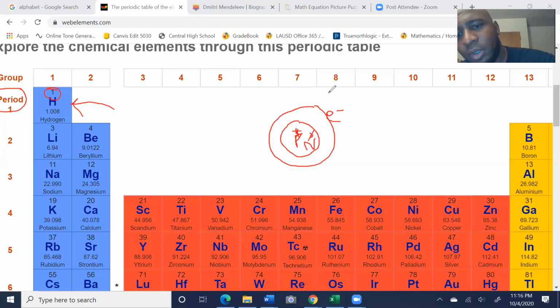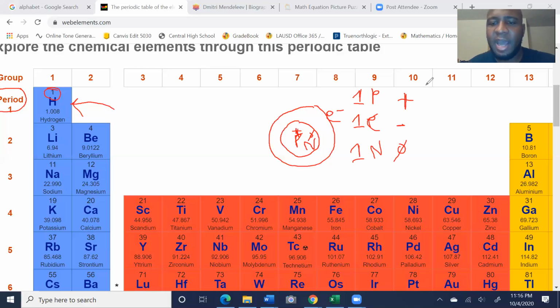If I were to list this out, I got my one proton, which is positive, and I got my one electron, which is negative. And I got my one neutron, which is neutral. So I'm not netting anything. This is perfectly balanced. Not all elements are like this, but we'll get to that later.